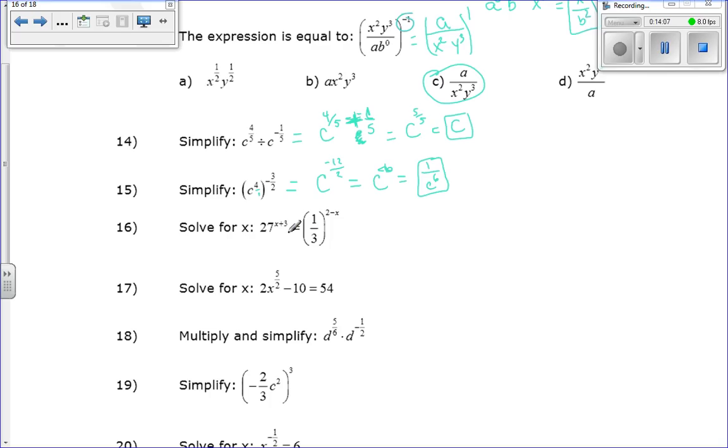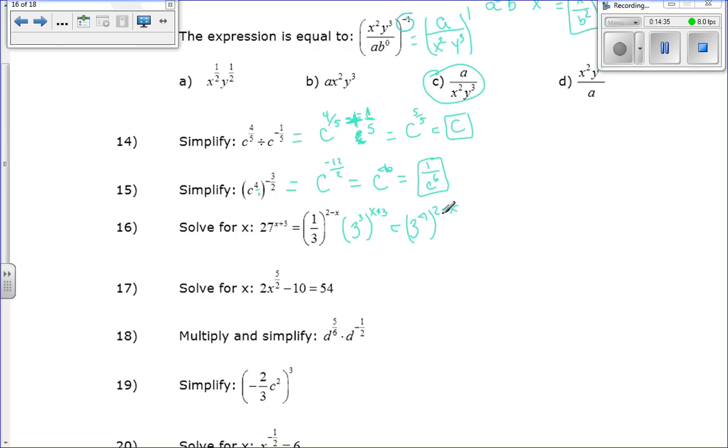16, solve for x. My unknown value is in the exponent, therefore we have to get the bases the same. We'll have 3 to the third raised to the x plus 3 equals 1/3, which is 3 to the negative 1, raised to the 2 minus x.